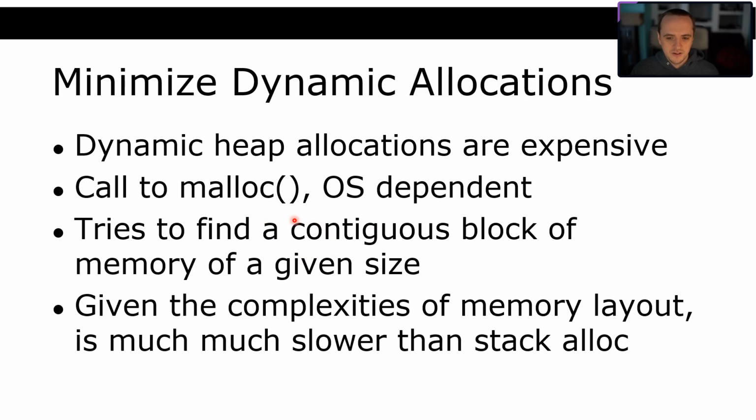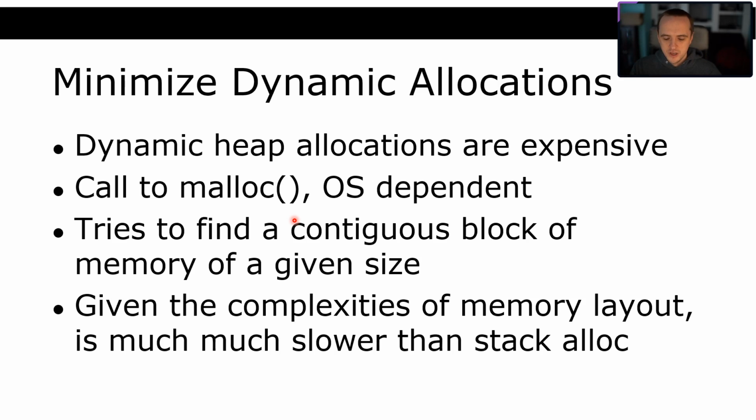And what a contiguous block of memory is, is that whenever you want to store data in memory, like a vector or an array or your class or whatever you're putting into the heap, the operating system has to go through your RAM and find an uninterrupted part of RAM.